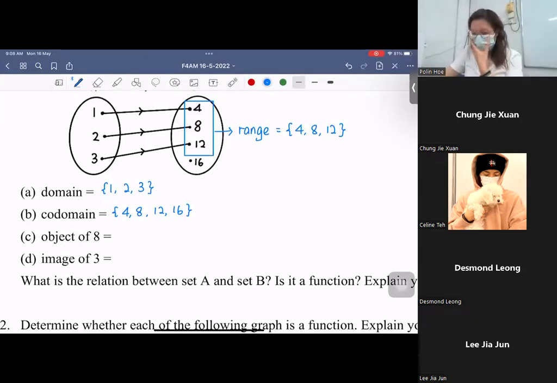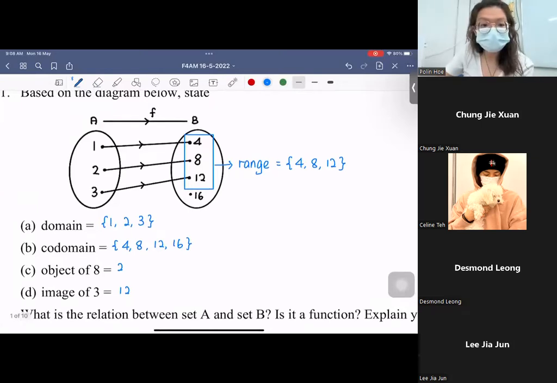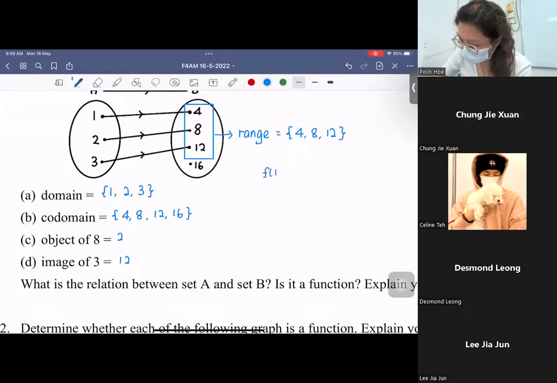Doing good. After that, object of A. Look at this, object of A. Object of A should be equal to 2, and image of 3 should be equal to 12. Image of 3 should be equal to 12. And some more, from this arrow diagram, we can conclude that f(1) equals 4, f(2) equals 8, f(3) equals 12.